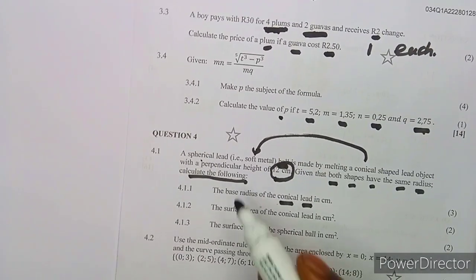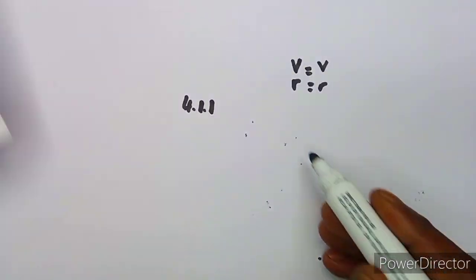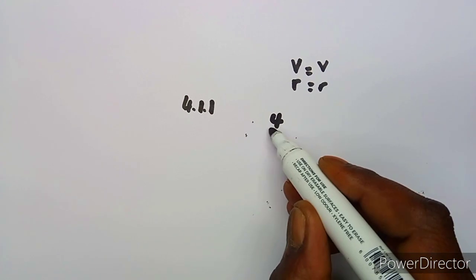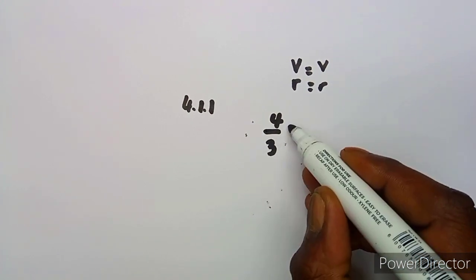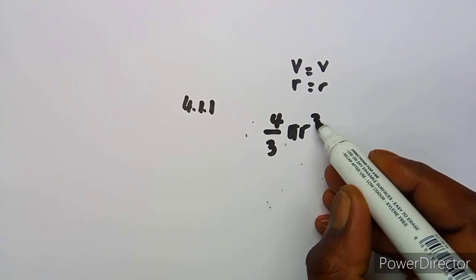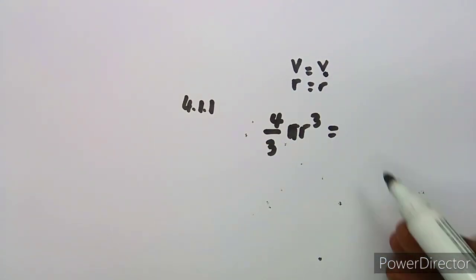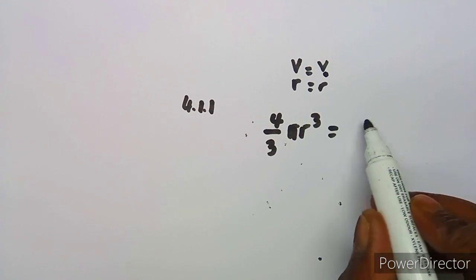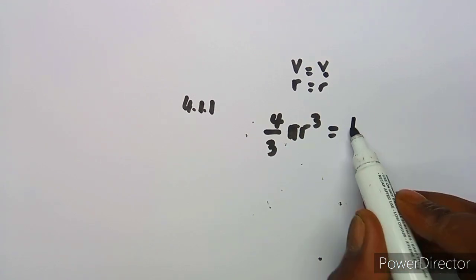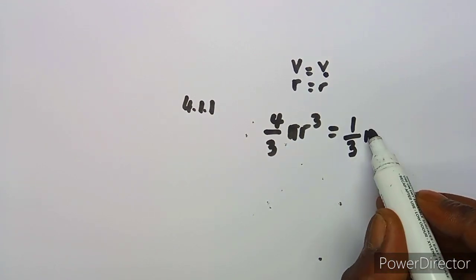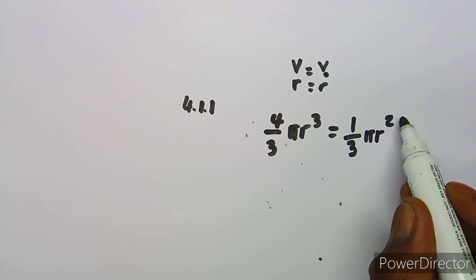So we are going to have the same volume. Remember, the volume of a sphere on your formula sheet is 4/3 pi r cubed, which is equal to the volume of a circular cone, which is a third pi r squared h, a third pi r squared h.